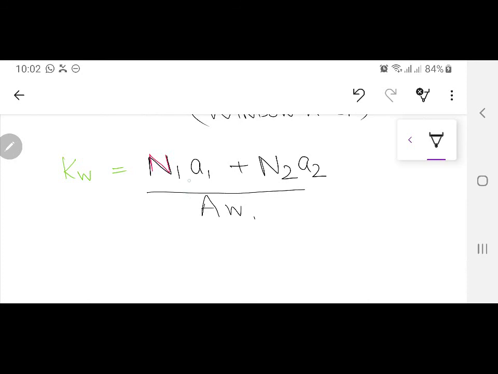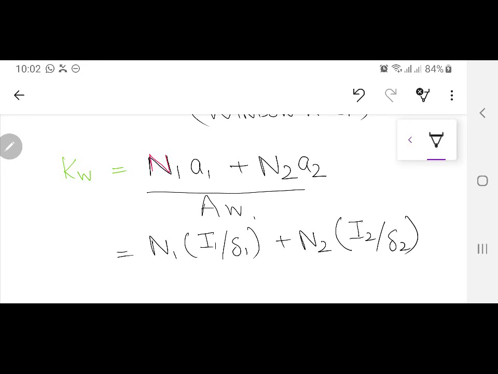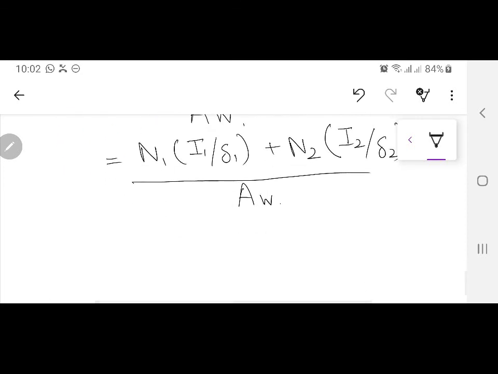Now instead of A1, can I write it as I1 divided by delta 1, and instead of A2 I can write I2 divided by delta 2. Again in the denominator I have AW.